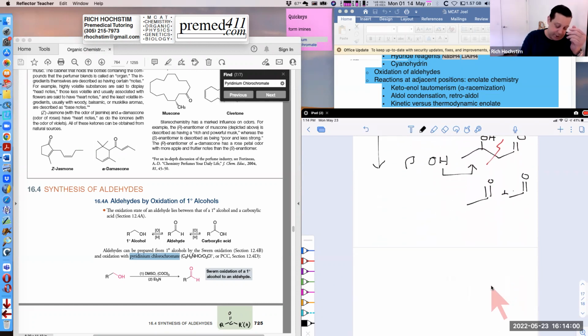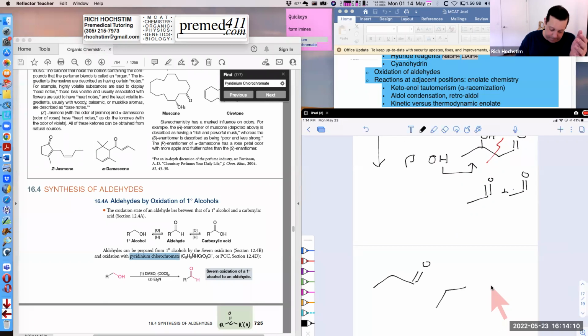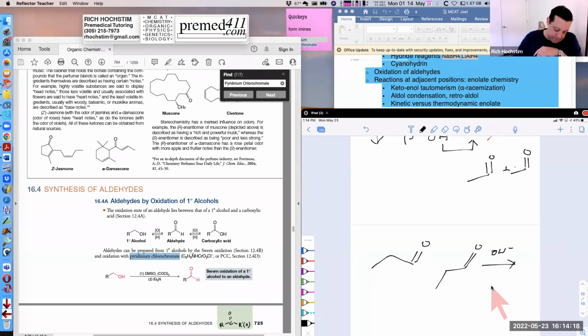And I just want to show you something else. If you have a molecule that's a little bit larger, let's say you have this, I just added one carbon, then you would do it the same way. This would be OH minus. And so this would be your alpha, and you would basically have this attack here.